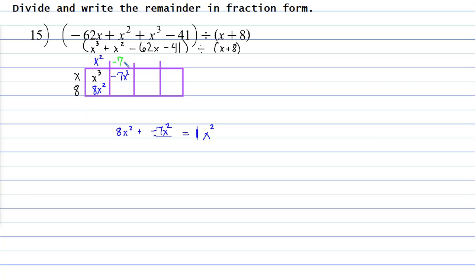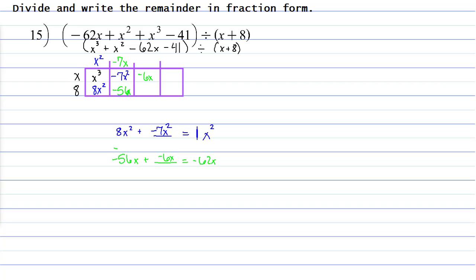So we're going to divide to go up. So negative 7x squared divided by x gives me negative 7x. Multiply to come down. So negative 56x plus something is going to equal negative 62x. That something is negative 6x.